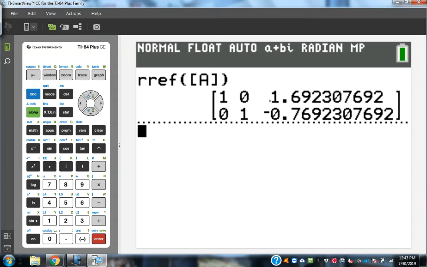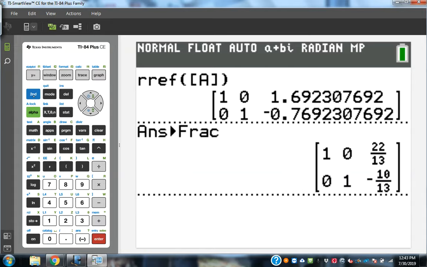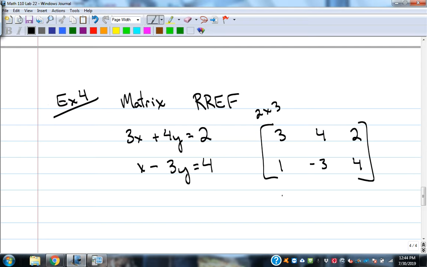And the good thing about using the matrix is we can convert that to a fraction by hitting math, enter, enter. And we get this matrix as a result: 1, 0, 22 over 13, 0, 1, negative 10 over 13.